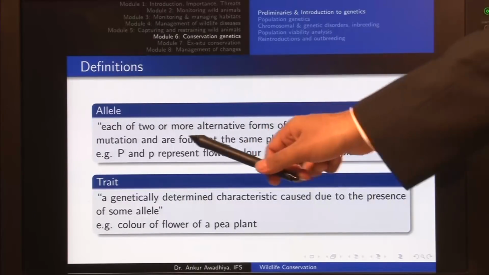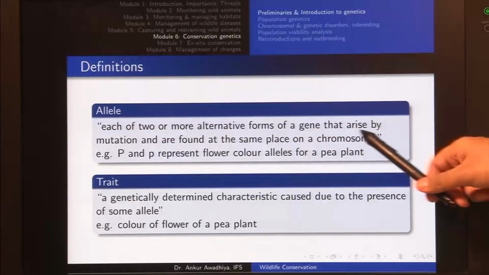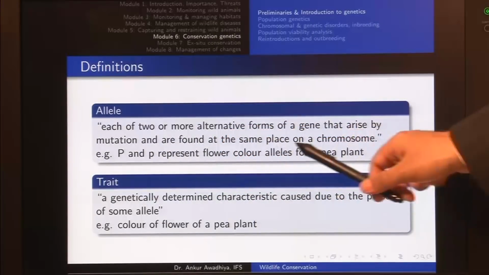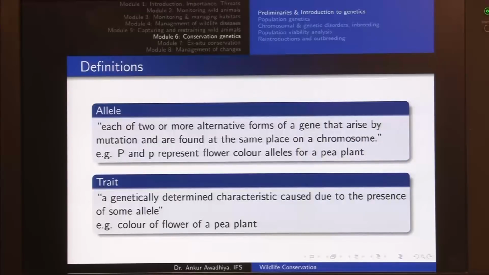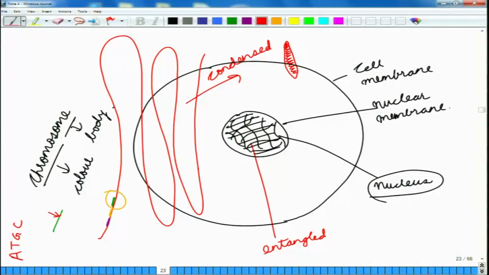But each of 2 or more alternative forms of a gene that arise by mutation and are found at the same place on a chromosome. Why the same place on a chromosome? Because, coming back to the drawing board, even when this portion was changed, even when this letter was changed, the whole of this gene remains at the same place.